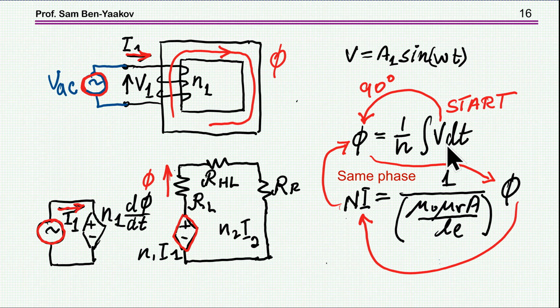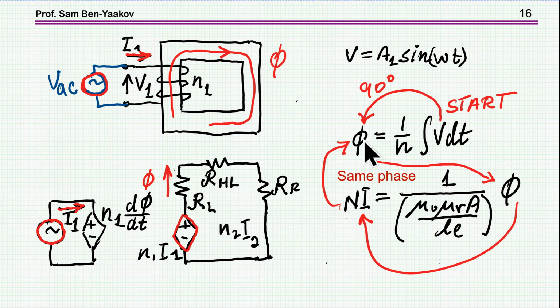It is important to realize, however, that between the voltage and the flux, there is a 90-degree shift. The reason is that if the voltage, say, is sinusoidal, the flux is the integral of this voltage, so it'll be like a cosine, so the 90-degree shift.